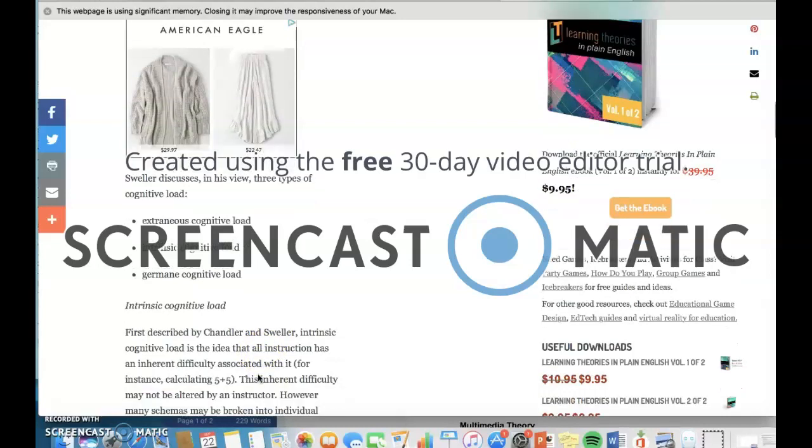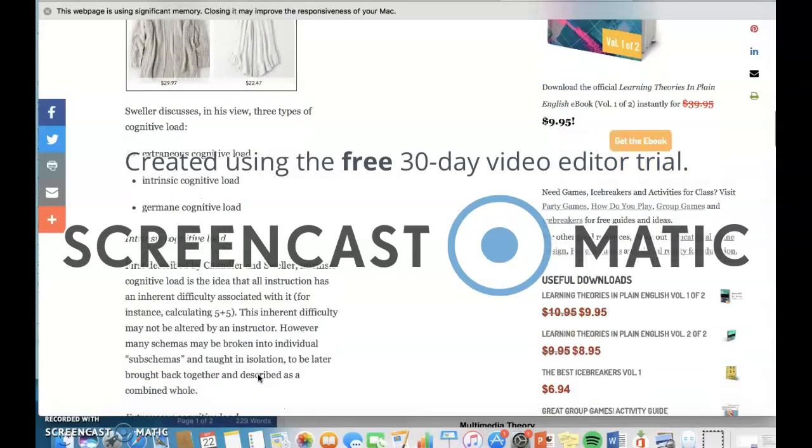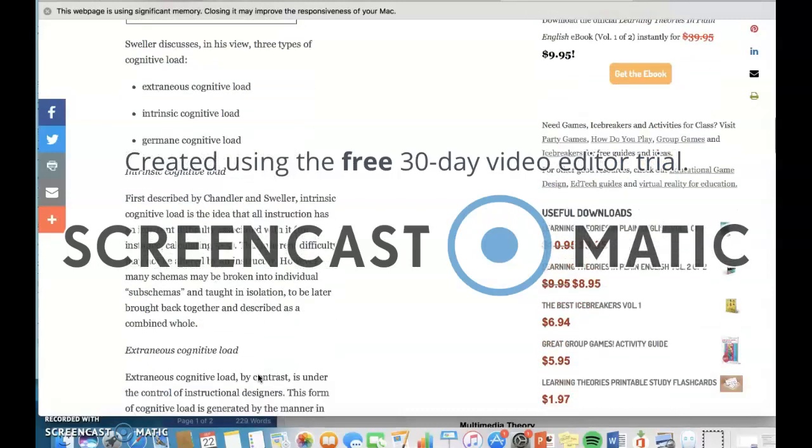So the intrinsic cognitive load talks about how there are inherent difficulties in learning and instruction that are not in the control of the instructor.